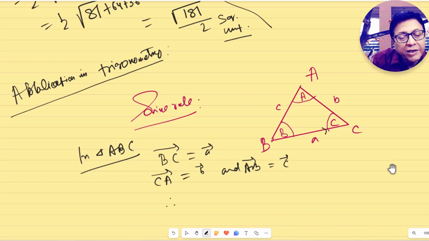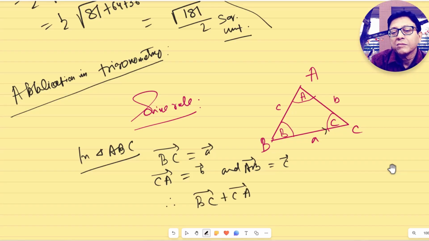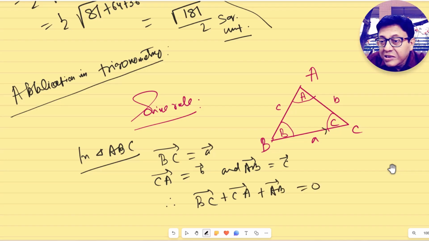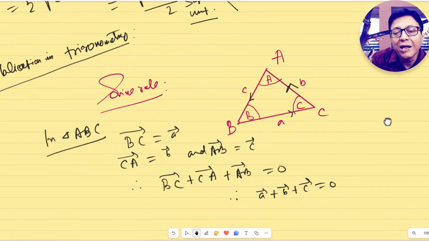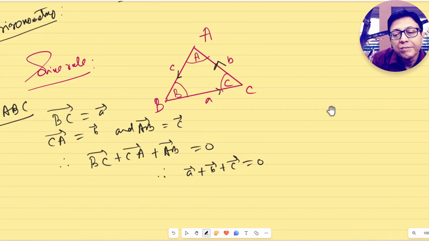Then in triangle ABC, you take BC equal to A vector. This is justified because the length is A and we have taken the vector along the direction of A only. So in triangle ABC, BC equal to A, CA equal to B, and AB equal to C.